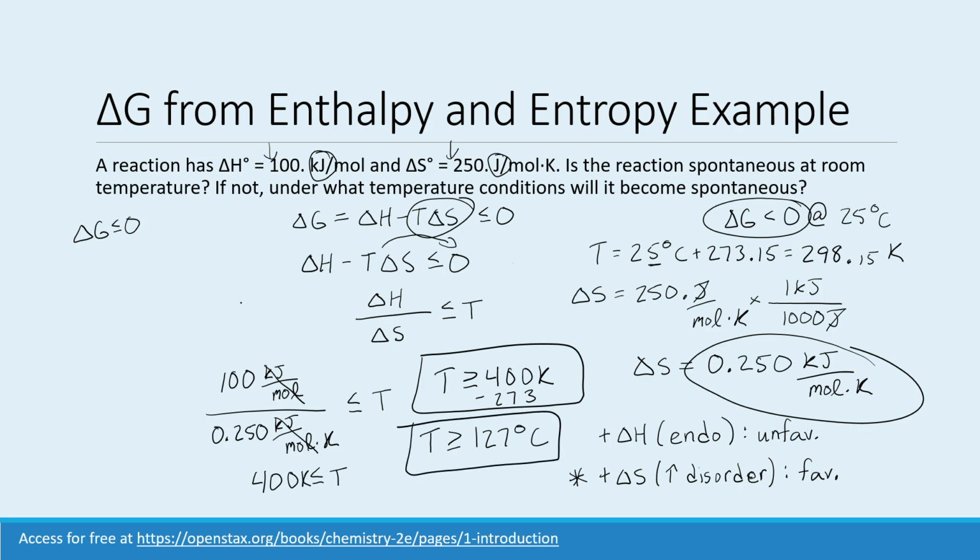And so, of course, that's going to be much higher than room temperature at 25 degrees Celsius. And that's because, again, we want to favor that positive delta S, that increase in disorder, and drop down the significance of that delta H value that's unfavorable in comparison.